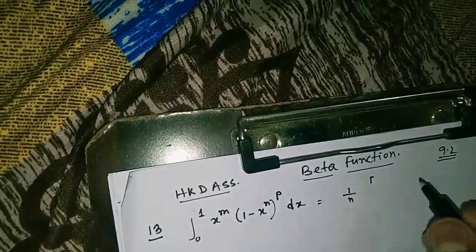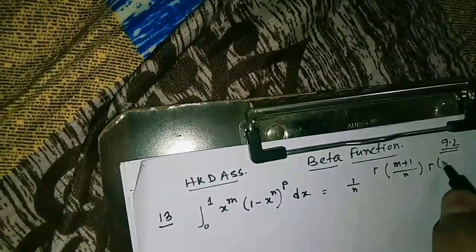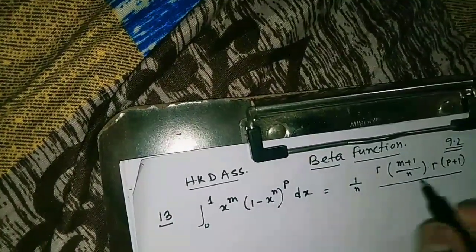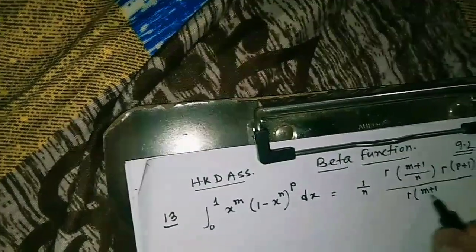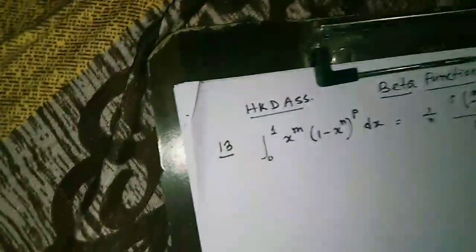I have to prove this term is equal to 1 by n gamma of (m plus 1) by n gamma of p plus 1 by gamma of (m plus 1) by n plus p plus 1. So the math has been written. Now I am going to solve.